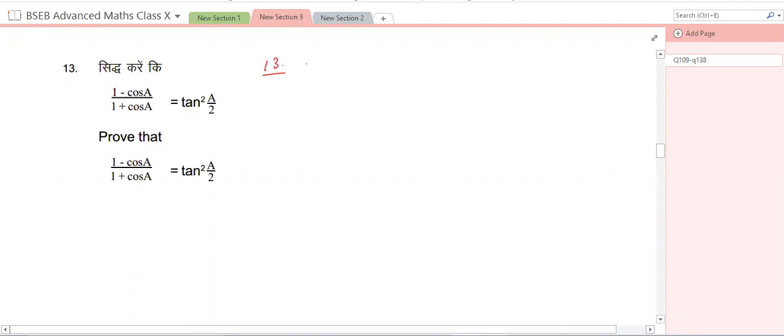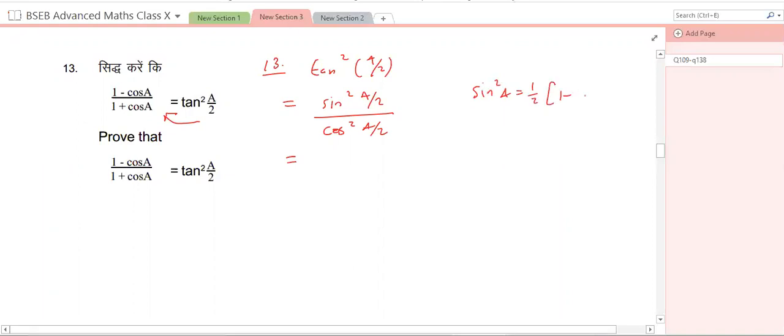I found it easier to reduce tan squared A over 2. So tan squared A over 2 is sine squared A over 2 divided by cos squared A over 2. It will be easier to reduce this side and prove it to that side, which is equal to, now remember sine squared A is equal to half into 1 minus cos 2A.